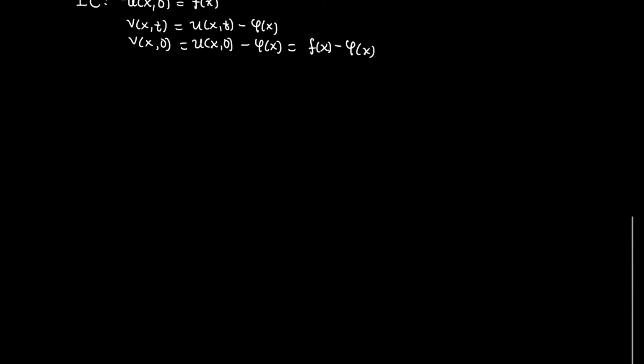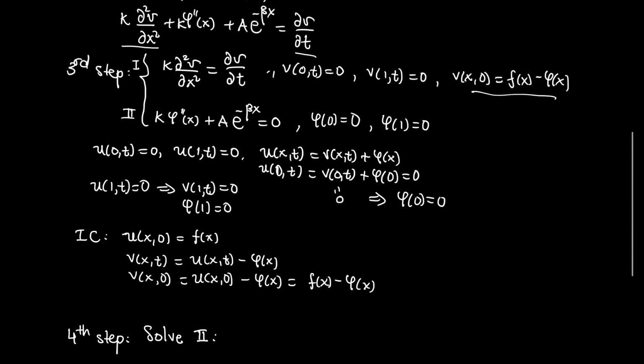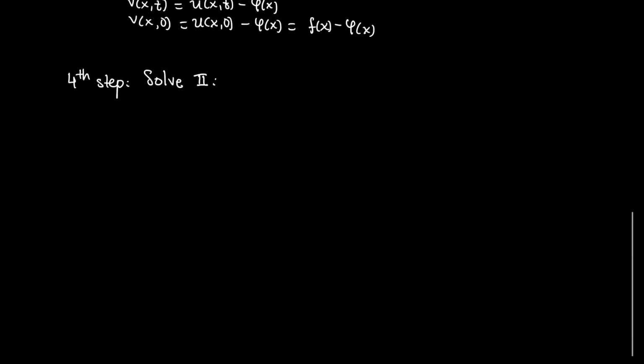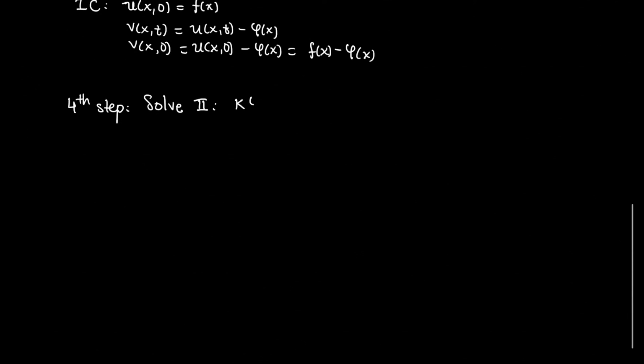Okay, I'm gonna solve two. Okay, fourth step. Solve 2, because you need phi for the initial condition here to solve for v. So solve the second one first. To solve the second is just a normal ODE, second order. You have k phi second derivative plus a minus beta x equal to 0.